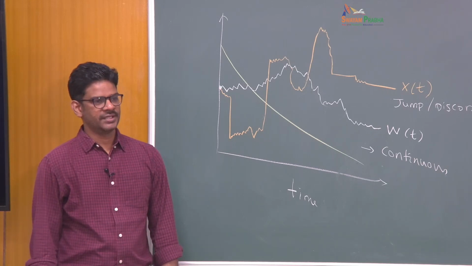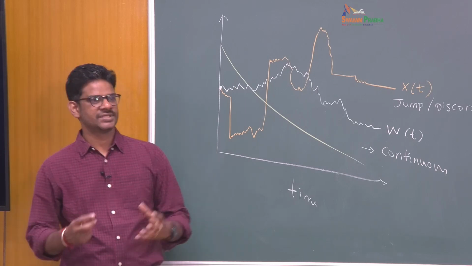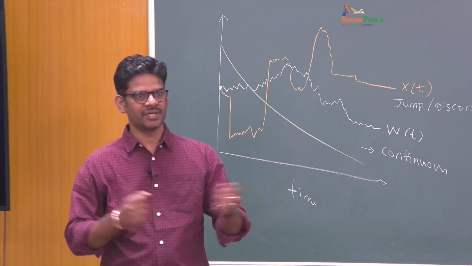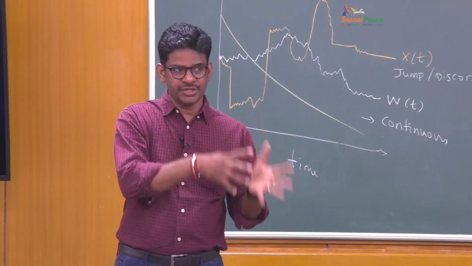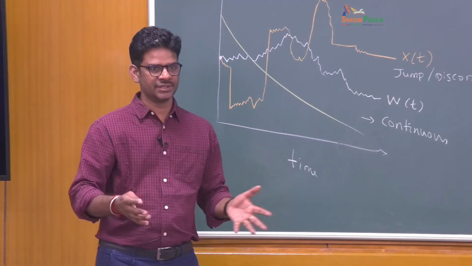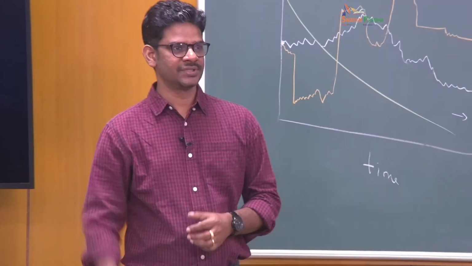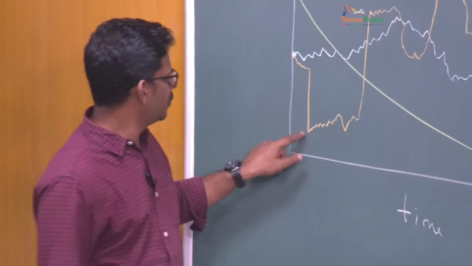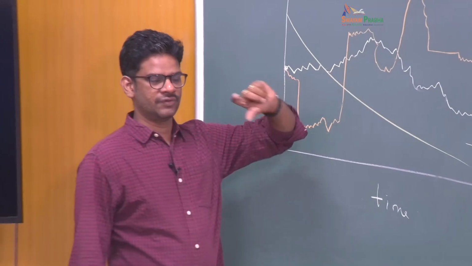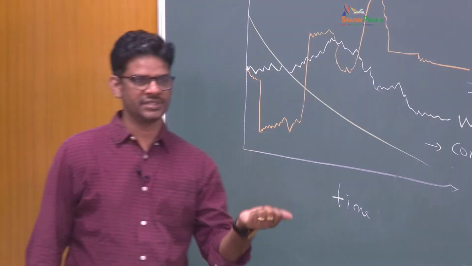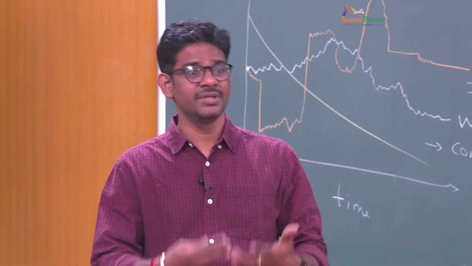On the other hand, if you think about molecules as hard spheres, and these hard spheres are moving about, colliding with each other, exchanging momentum, in this picture of hard sphere collision, you will see the velocities are not continuous. It is going to take jumps. In fact, it is going to be flat, and then there is a jump whenever there is a collision happening. So the velocity can be continuous in some case. It can also be discontinuous in another case. It all depends on how we are describing the system.